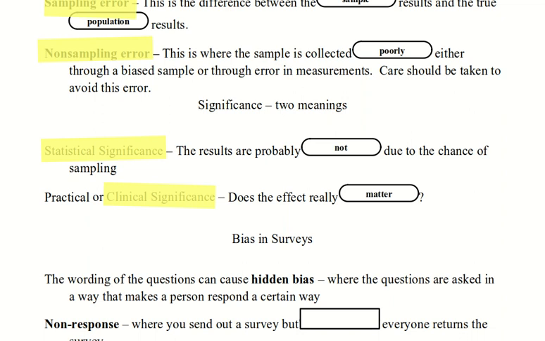Does the effect really matter? I can say with very high precision in some instances that some treatment results in good. That's true in that situation, but it may not be enough good. It might be a tiny change in the number of people who suffer from a specific ailment.